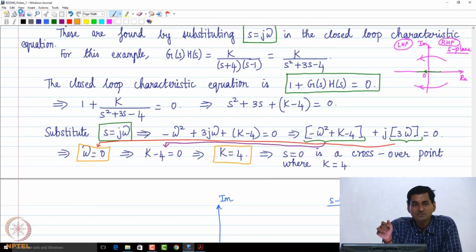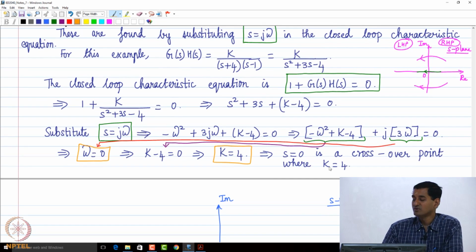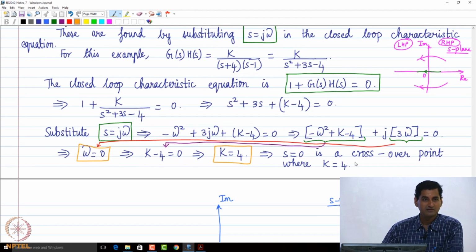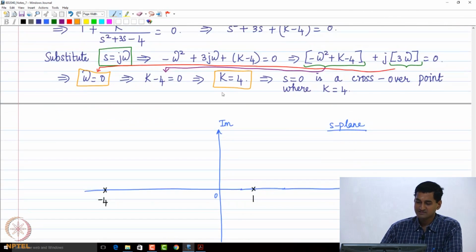And this is a valid solution for this problem because k is taken to be positive. You see that omega equals 0 means s equals 0, that means the origin, right? And at that point the gain k is positive. So the origin is a valid crossover point as far as this particular example is concerned, correct?